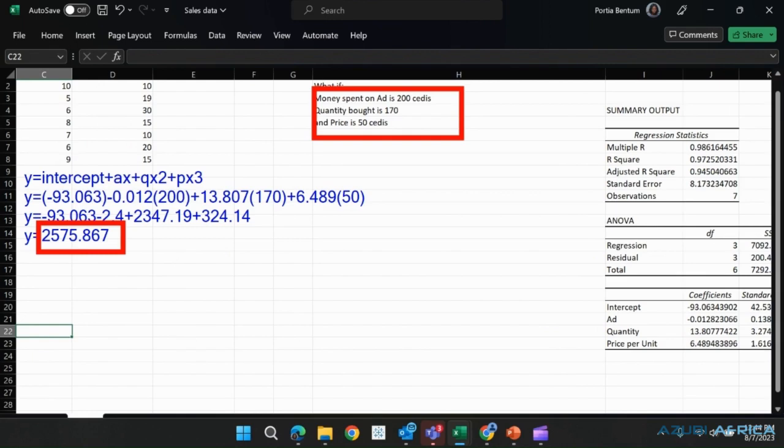So we can see from our video that we've been able to make a prediction based on the fact that we know our advertisement amount, our quantity of the product bought, and the price of that particular product. So it's easy for me to make a prediction for the next income or revenue that I need to get on that particular product if I know the factors that I need to put in place to be able to get that particular score.